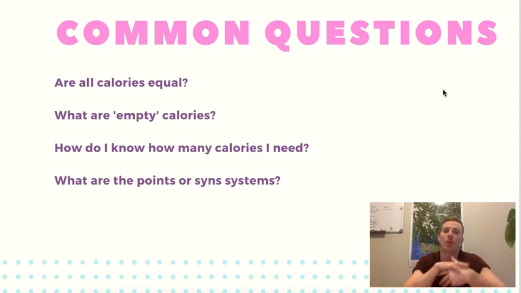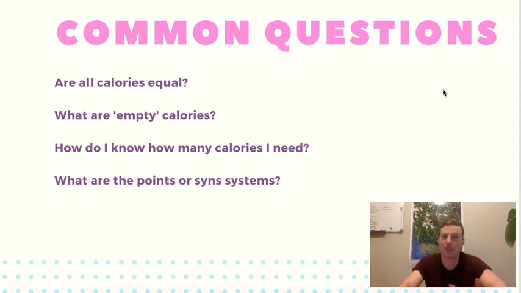And then what are the points or sin systems? We haven't had much discussion on these in a while, which is kind of good. Obviously Slimming World or Weight Watchers had these points and sins, and this is a zero sin food and this isn't.